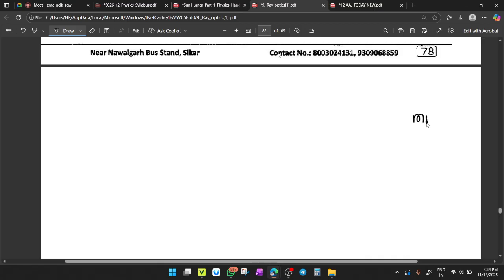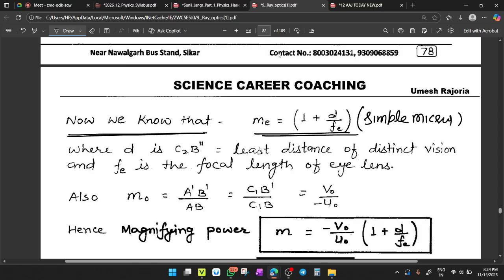We have derived it. Clear or not? Where D is the least distance of distinct vision and FE is the focal length of the eye lens.